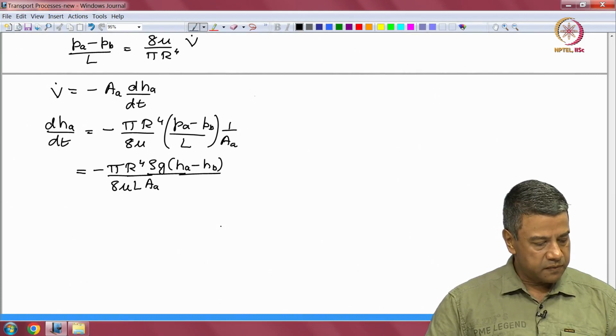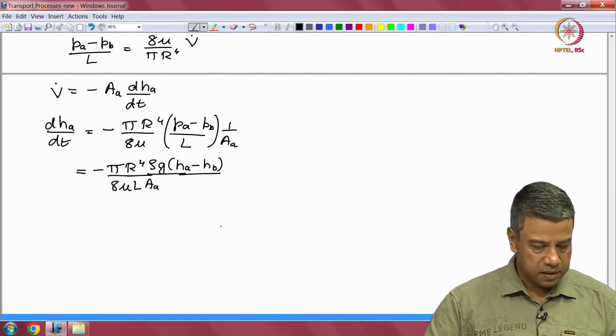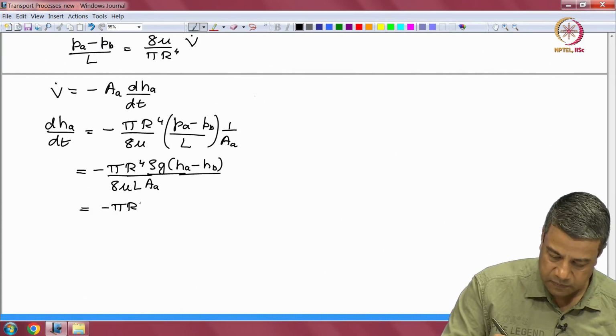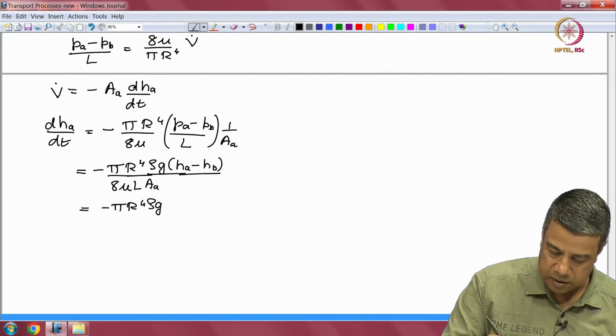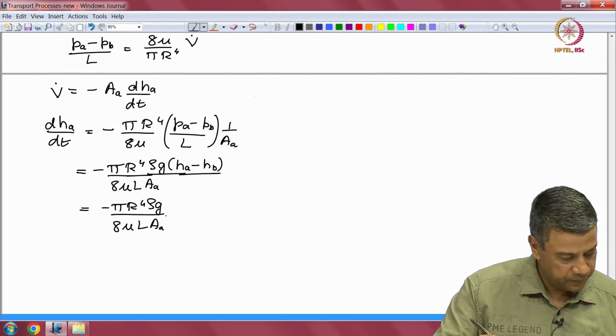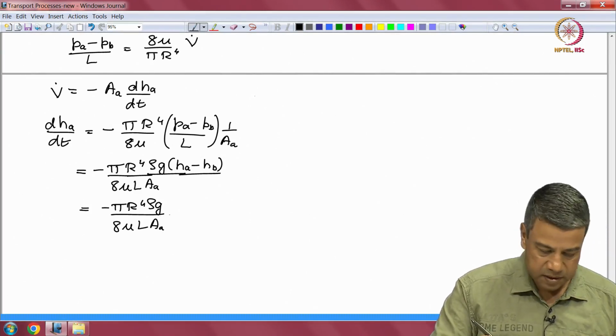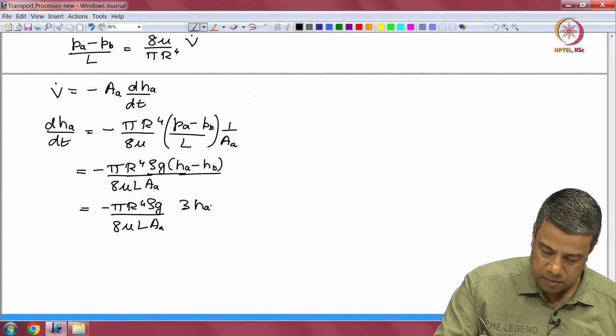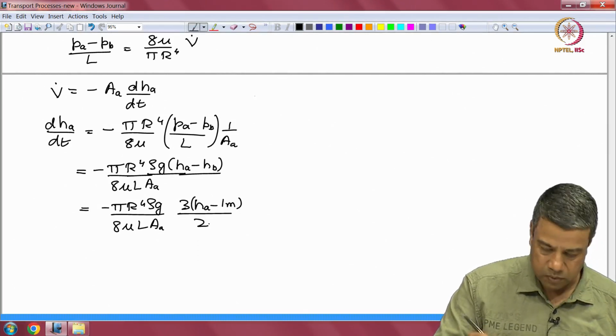And I have an expression for HA minus HB. So, this is equal to minus pi r power 4 rho g by 8 mu L AA into HA minus HB, which is equal to 3 HA minus 1 meter, by 2.